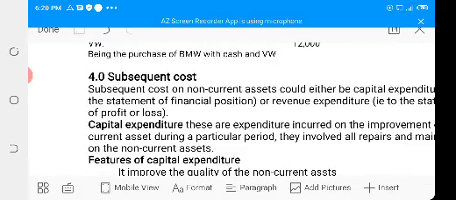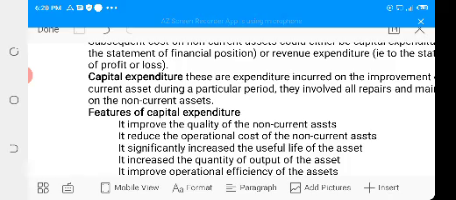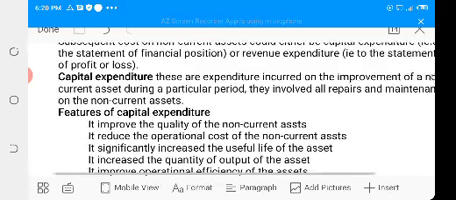So when it's capital expenditure, that means the capital expenditure is going to improve the quality of that asset. So you are going to capitalize that expenditure to the carrying amount of that asset. But if it's recurrent, maybe just like maintenance, that one should be expense. Now here I explain the meaning of capital expenditure for us.